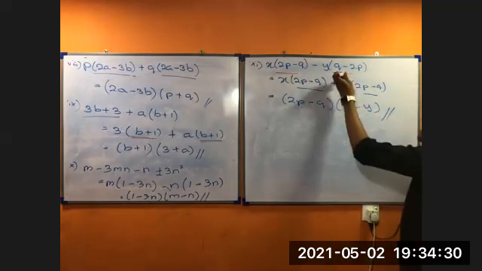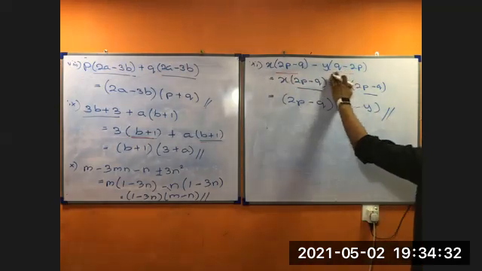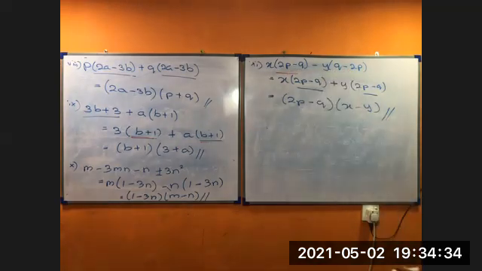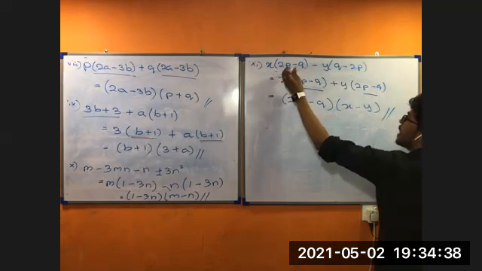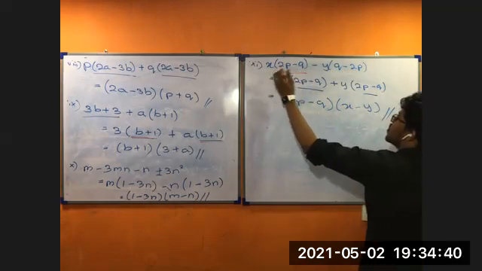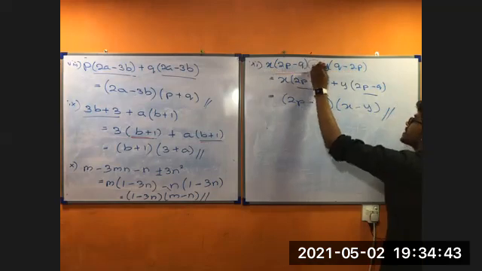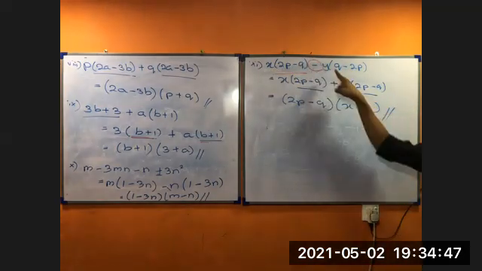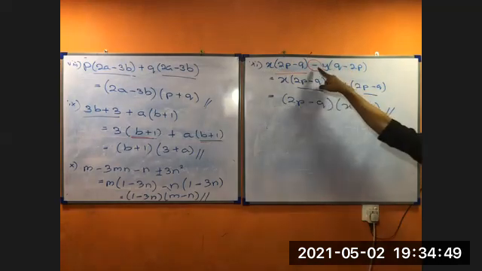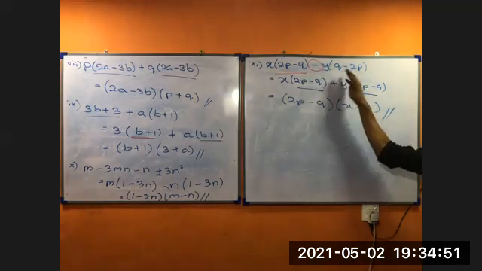But somehow if I can make them the same, then I can take it outside. To make them the same, I can do the inverse thing. Here I have 2p minus q. You can change this sign: if it is minus, you write a plus here, and swap these two numbers.